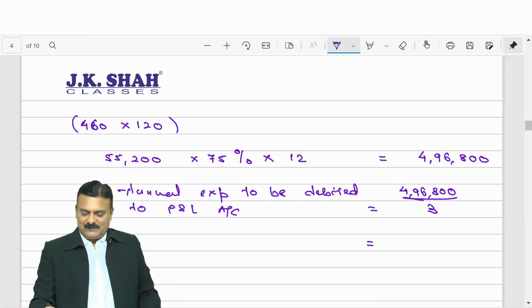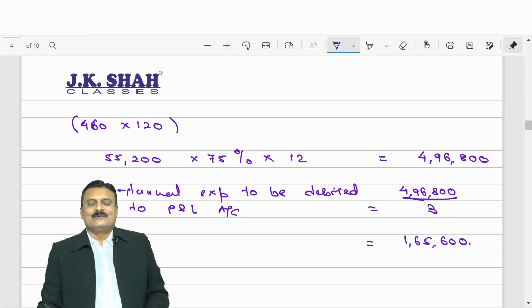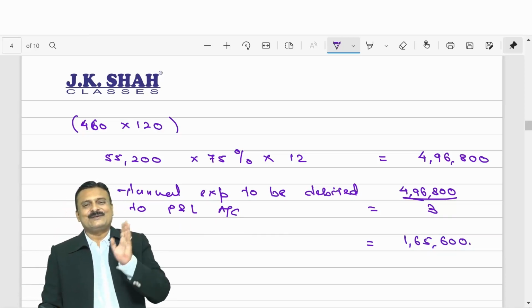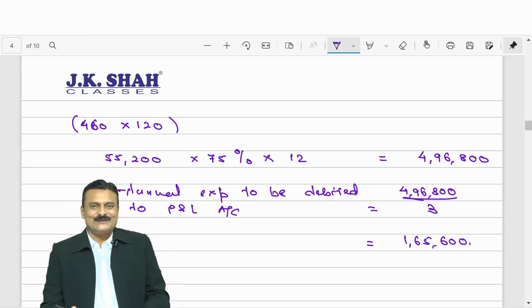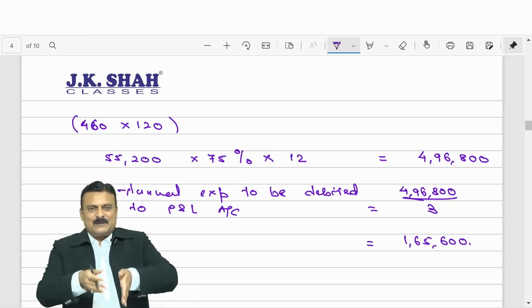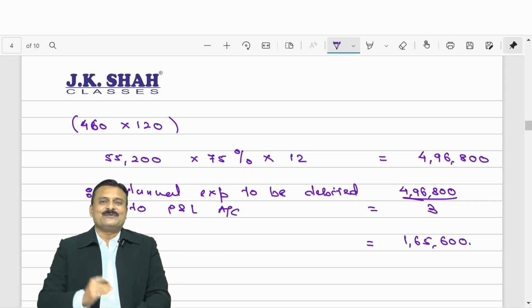So my annual expense to be debited every year will be 165,600. First year also 165,600, second year also 165,600, and third year also 165,600. In this kind of sum, no need to prepare those big tables and no need to waste your time. The answer can come so easily.